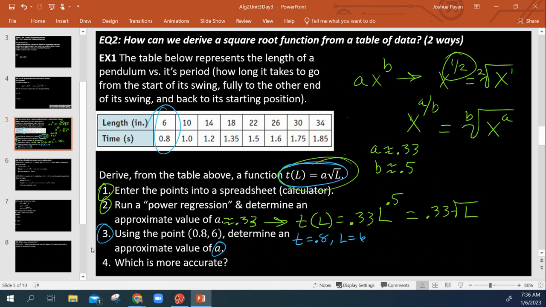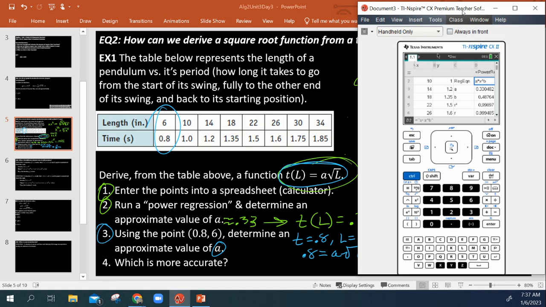So 0.8 equals a times the square root of 6. All I'm going to do is solve for a by dividing by the square root of 6. So 0.8 divided by the square root of 6 is equal to a.